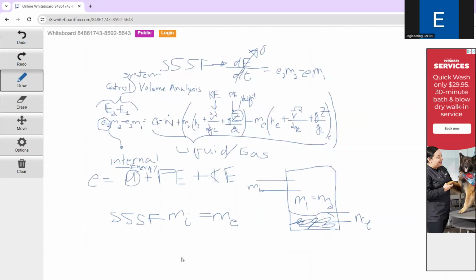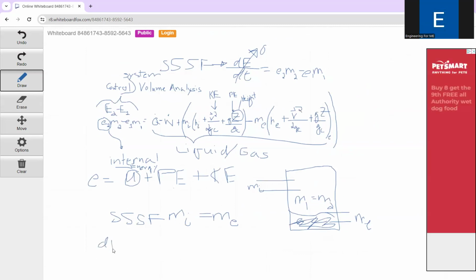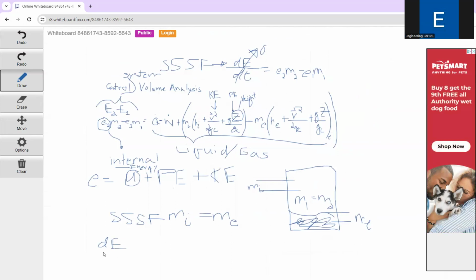So you're left with a problem. We're talking about rates again. You're left with a problem that looks more like this. Due to this M initial equaling ME, you can just put M. They all equal each other.